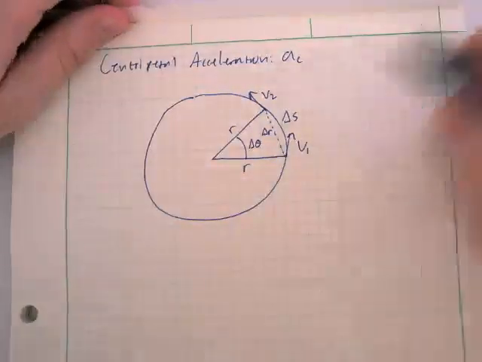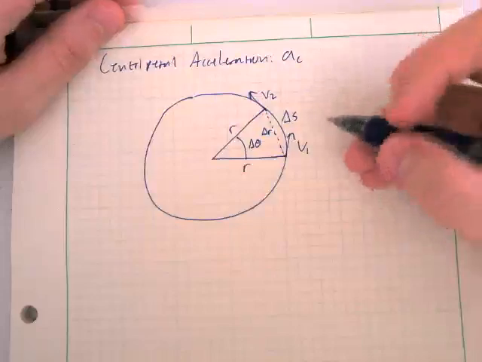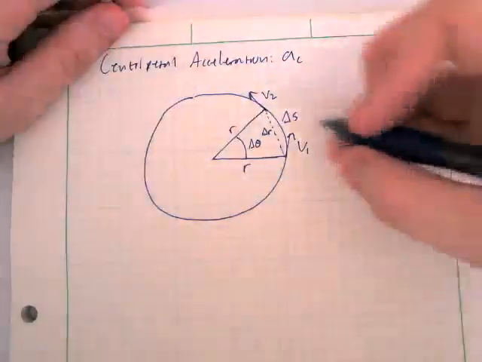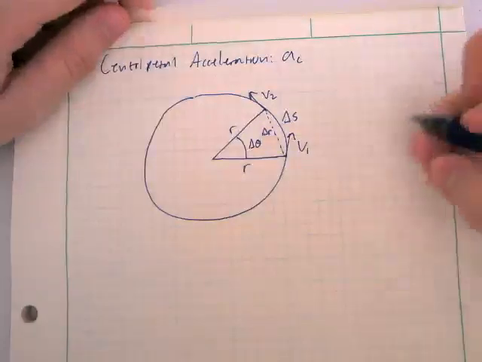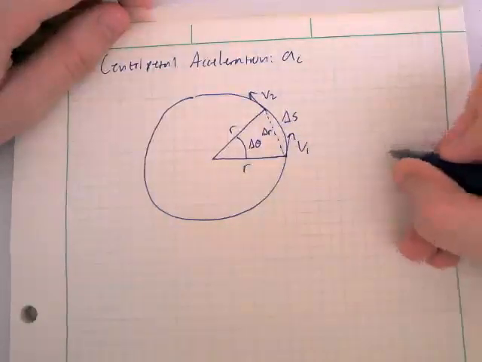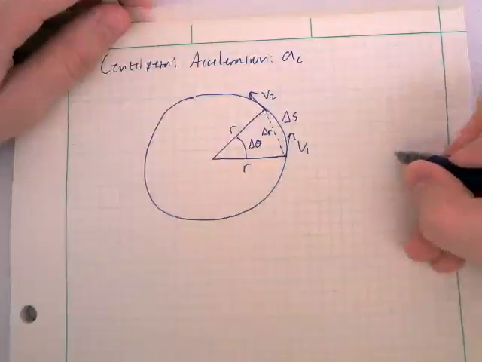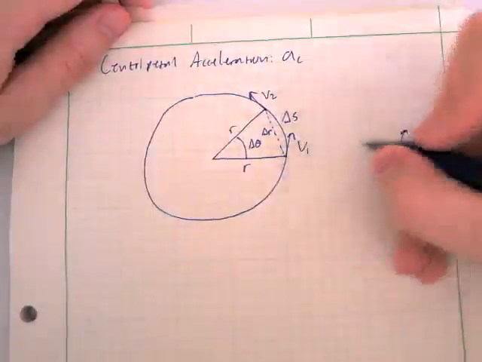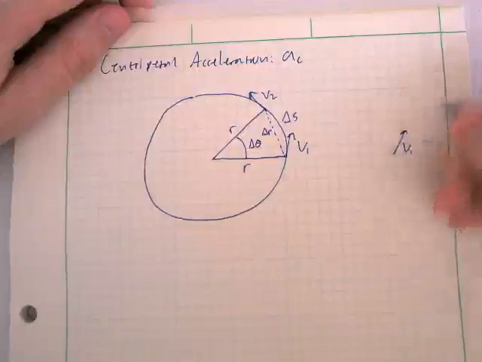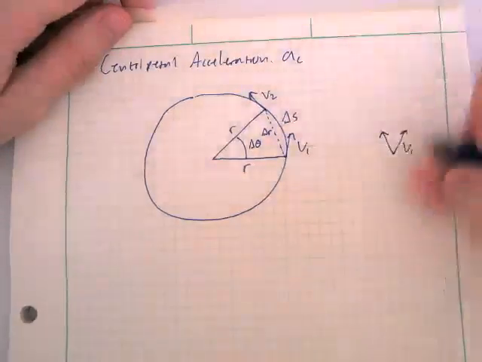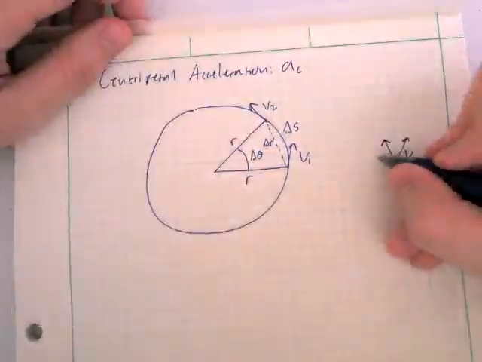How do we go about that? We want to figure out what this change in velocity actually is. So let's set up a triangle for this, and we're going to do some geometry here. This V1 and V2, let's make a triangle out of those and see what this delta V is. So V1, again, this isn't quite right, but it's off at some angle like this. V2, we can say, is off at some angle like this, right? The length should be the same, right?